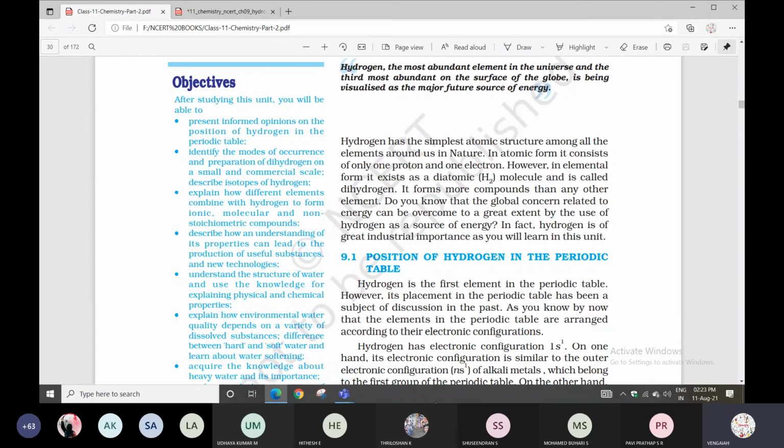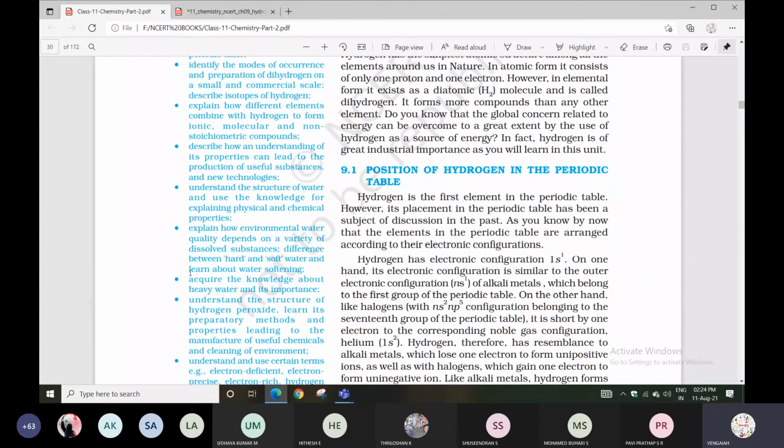Explain how environmental water quality depends on the variety of dissolved substances, the difference between hard water and soft water, and the sources also. They explained hard and soft water clearly. Next, acquire knowledge about heavy water and its importance also.